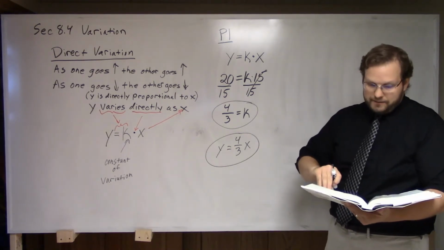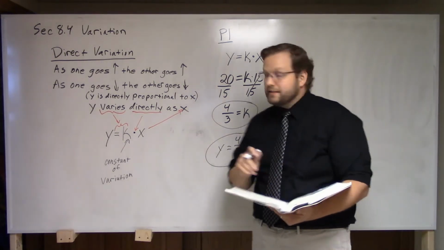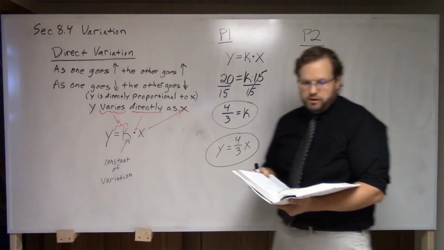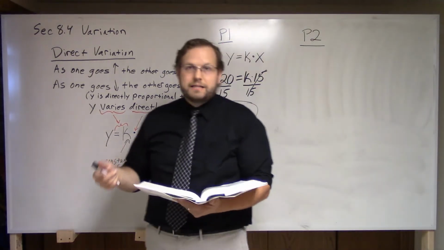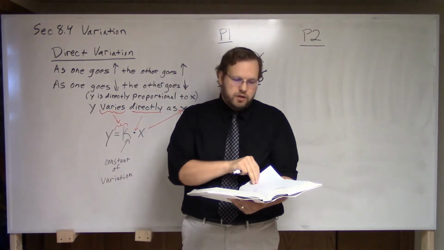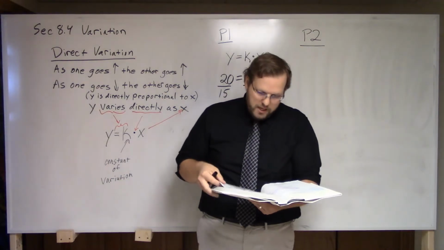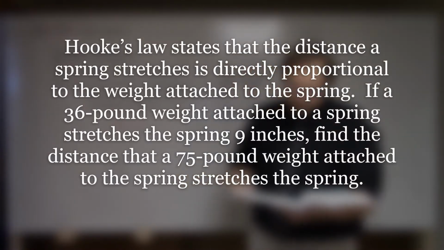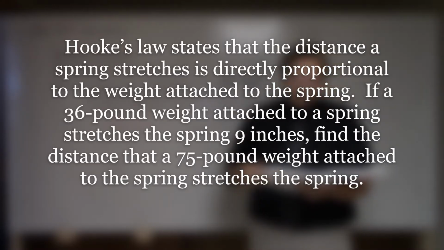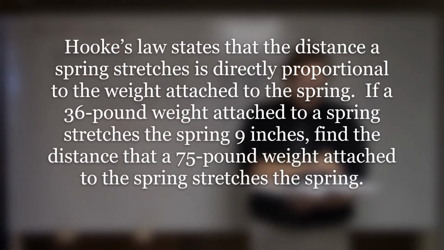Let's now go on to practice 2. Now practice 2, if you're reading in the book, actually combines some information from example 2. I'm just going to read that example 2 information along with it. Okay, so it's going to state, Hooke's law states that the distance a spring stretches is directly proportional to the weight attached to the spring.